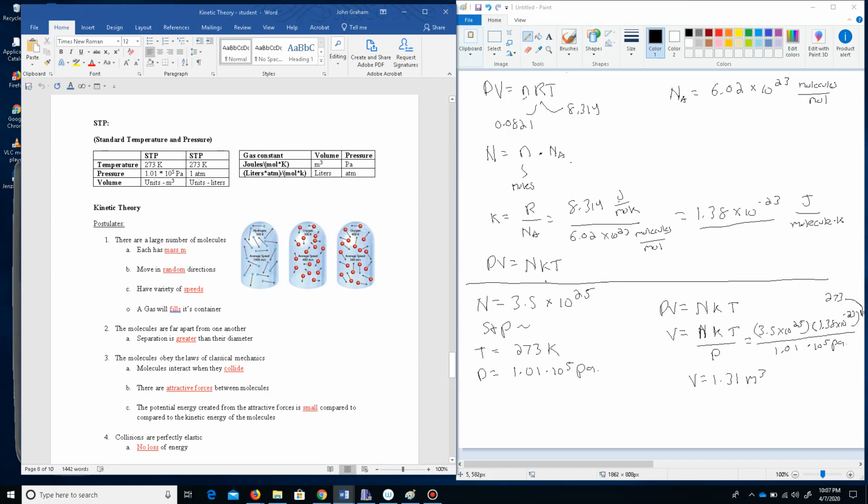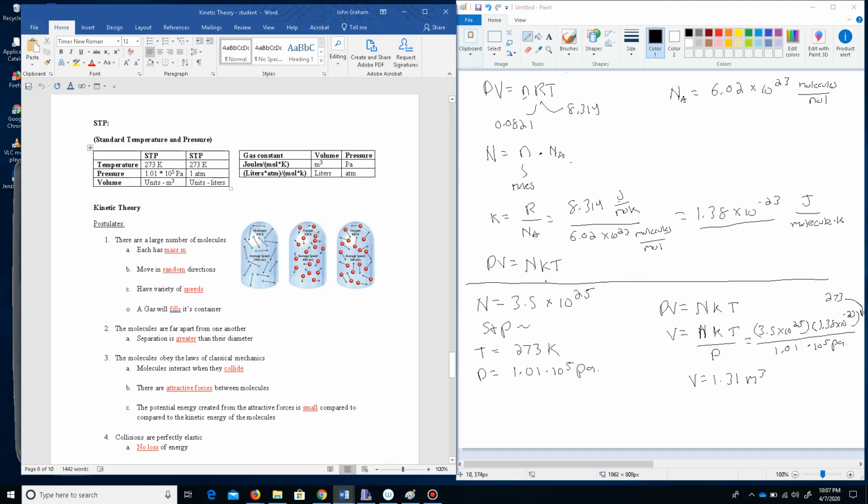So I try to outline this: it works for either one of these equations, but when we're looking at standard temperature and pressure, if you have pascals, you're going to end up with meters cubed. If you have atms, you're going to end up with liters. The two are basically linked.